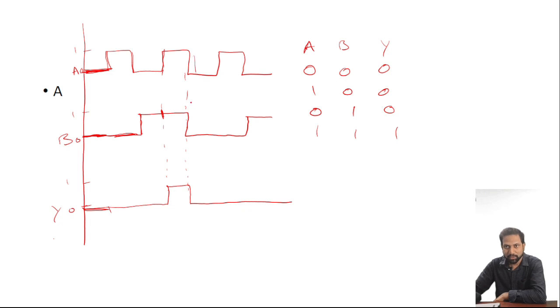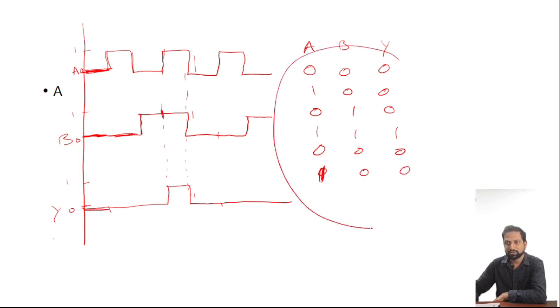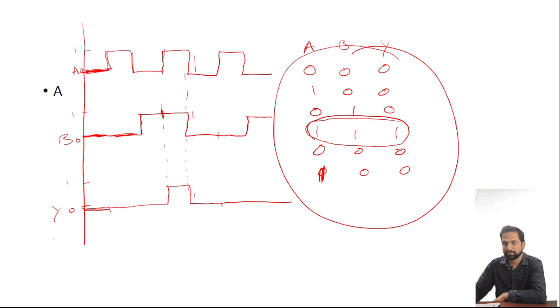Next A low, B low, the output is low. Then A is high, B is low, the output remains low. So if you see all these combinations, whenever both inputs are high, the output is high.